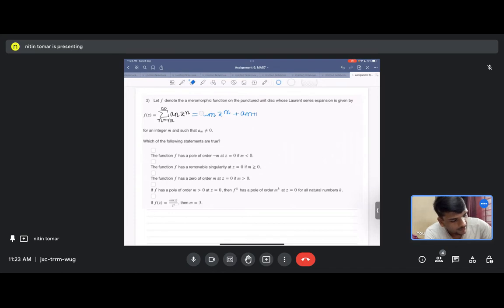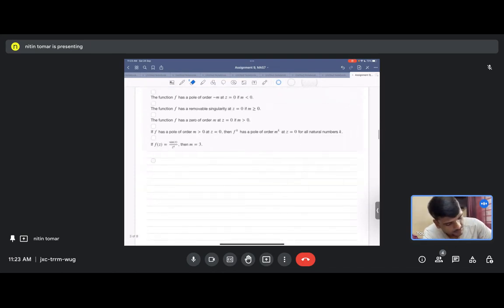Okay, let me write it down here. Then we'll be able to answer this question. So f(z) is the summation of a_n z^n, where n is from m to infinity, right?